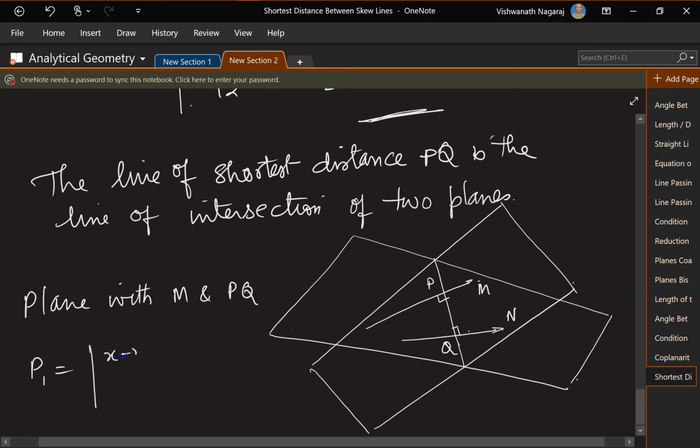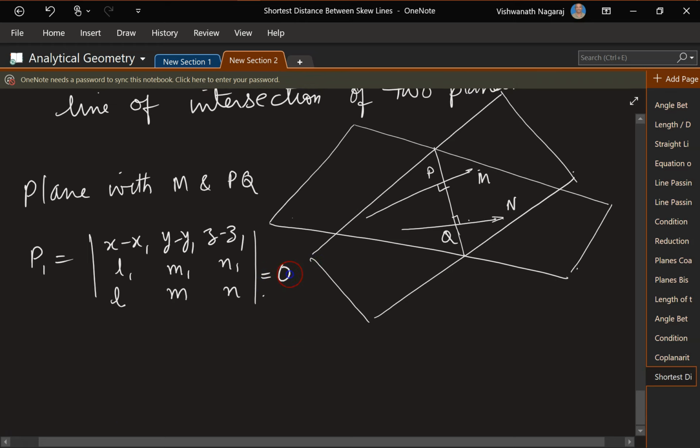It would be the determinant with rows x minus x1, y minus y1, z minus z1; L1, M1, N1; L, M and N, equal to 0. So here we are taking another arbitrary point on the plane and we are saying (x, y, z).